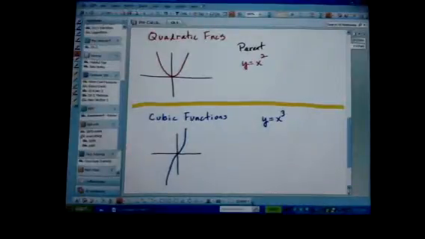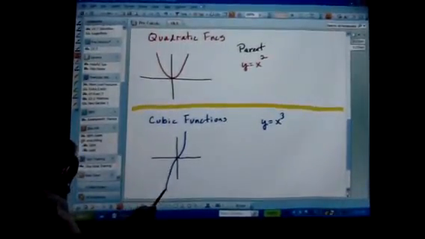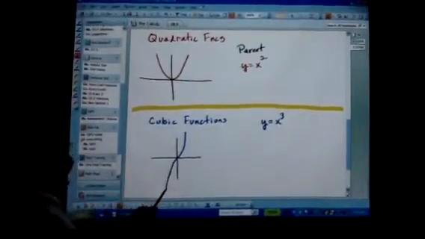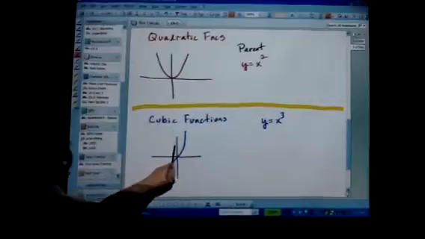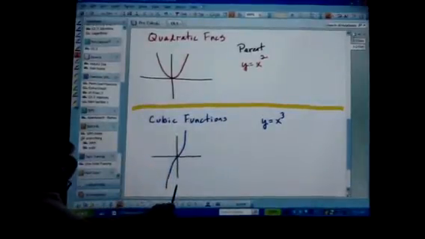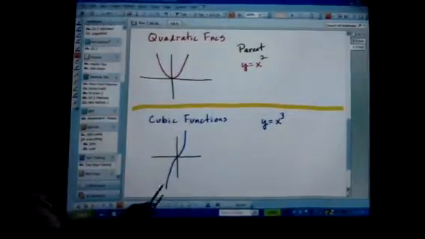Now, one thing I want you to understand, if you look at the graph here, watch me point. See this piece of the graph right here? This part of the graph is not parallel to the y-axis. Well, if it's not, you might say, what is it doing?